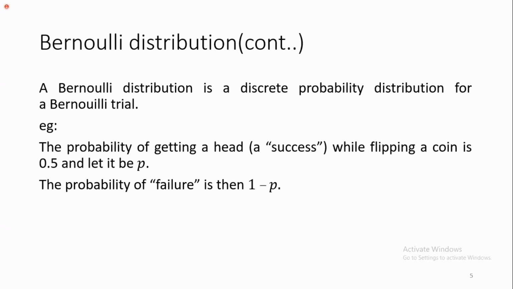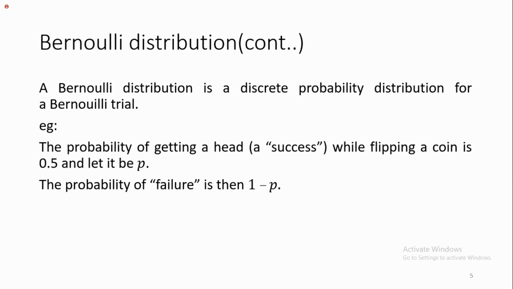And Bernoulli distribution means if you consider the sample space of that experiment, and using the sample space, you can define a random variable and you can find a probability mass function for that random variable, that function can be called a Bernoulli distribution. Understand?